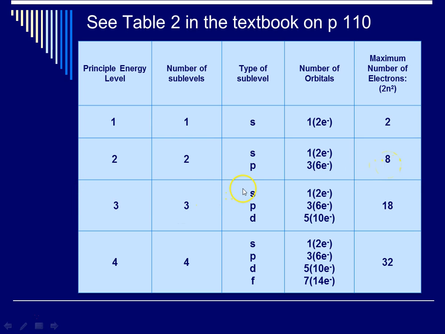And then the third level, the S, the P, the D, and the fourth, the S, the P, the D, and the F. So the maximum number of electrons at these levels are, for principal level 1, 2. For principal level 2, 8 total electrons. For principal level 3, we're talking about 18. And principal energy level 4 can hold 32 electrons.